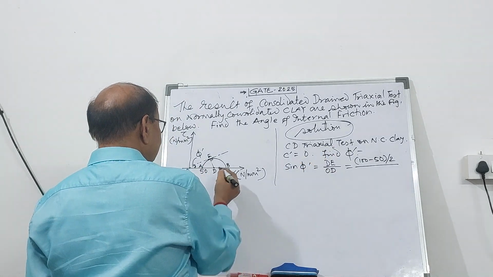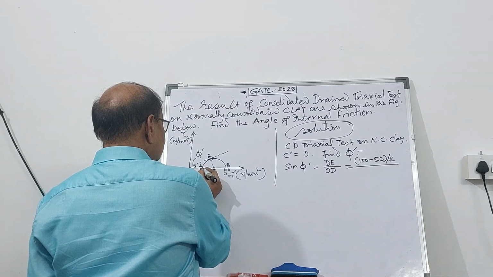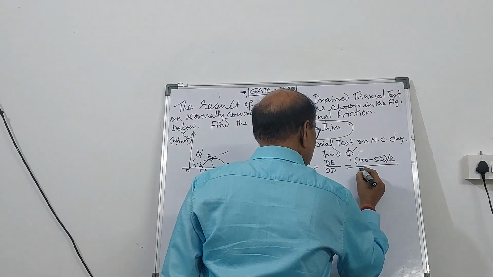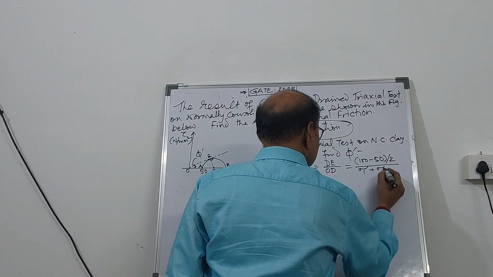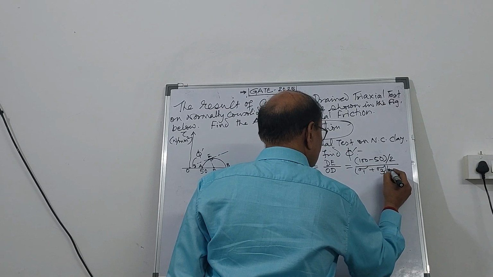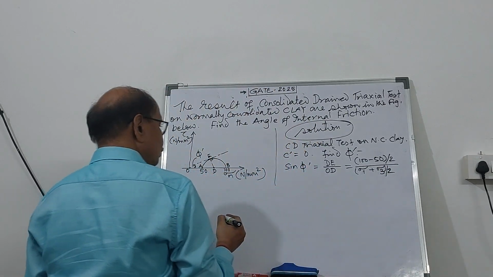And OD is going to be sigma 1 plus sigma 3 divided by 2.